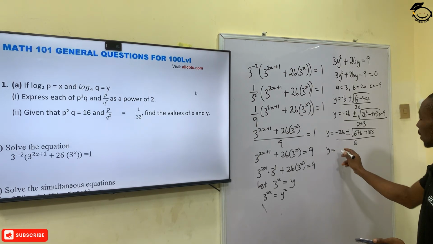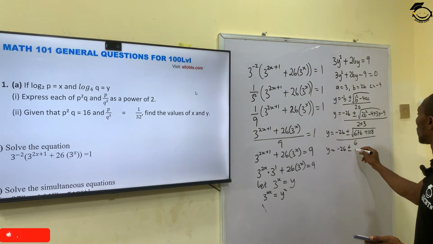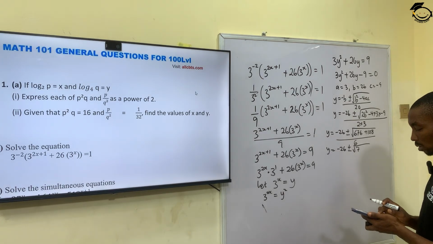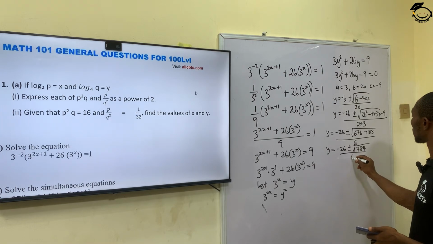So our y will become minus 26 plus or minus root 108 plus 676, which gives us 784, all over 6.